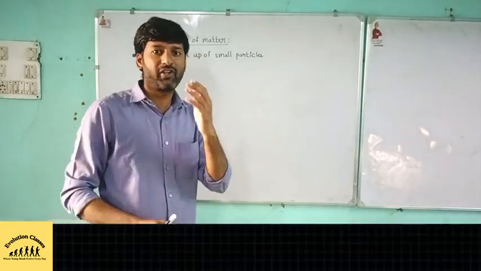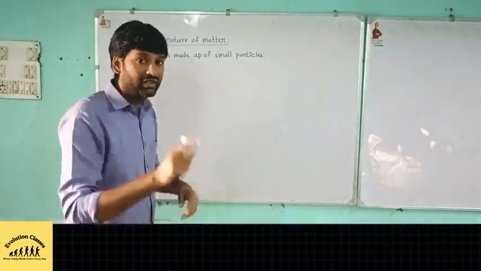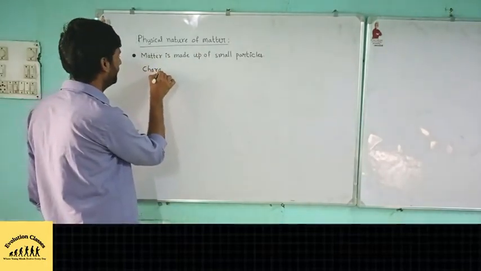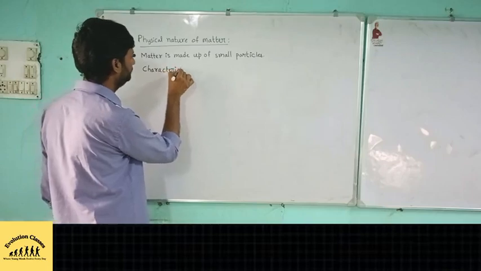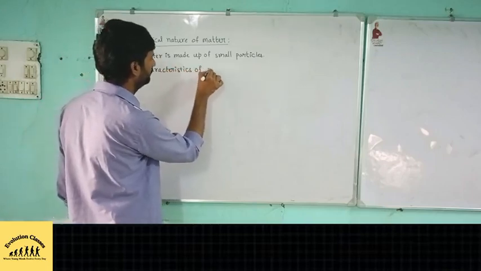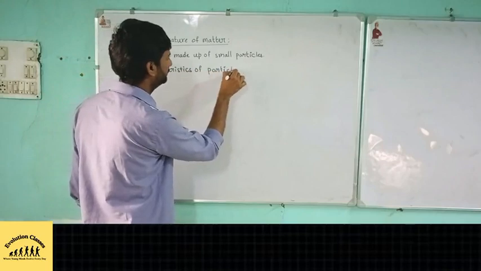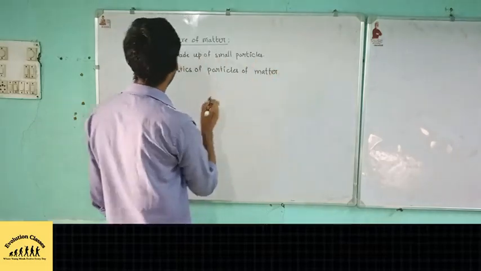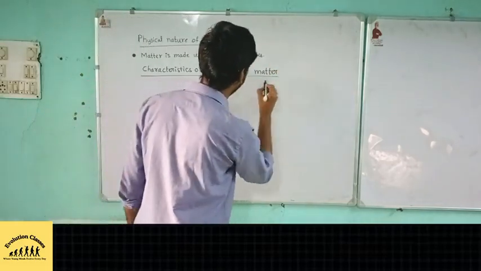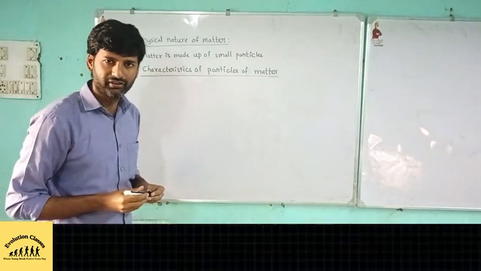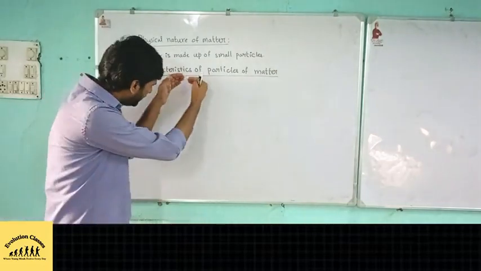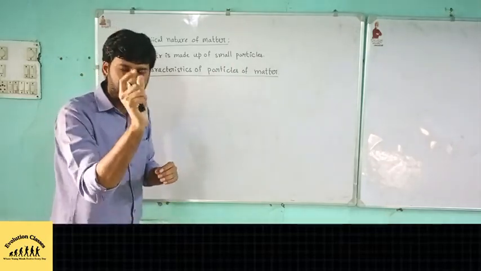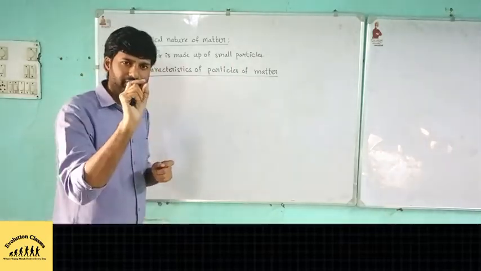What are the characteristics of the particles of matter? It is a very important concept. Before going to the deep understanding, we will first understand this concept in a simple way.